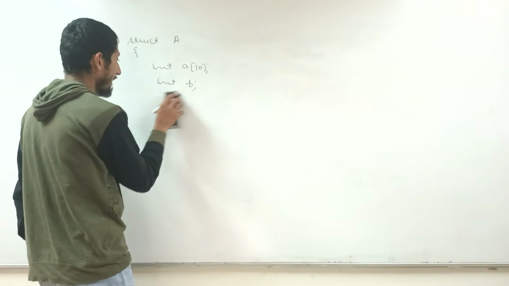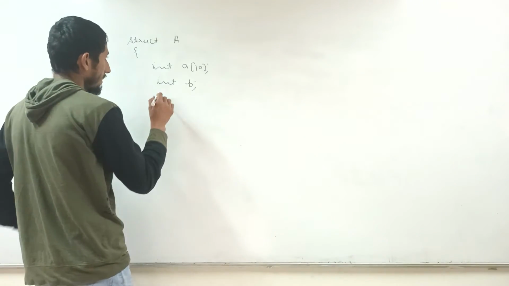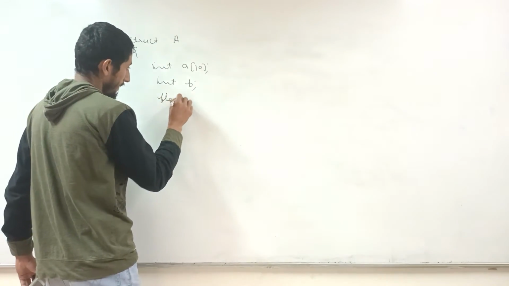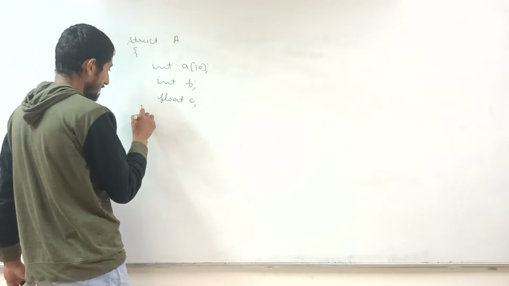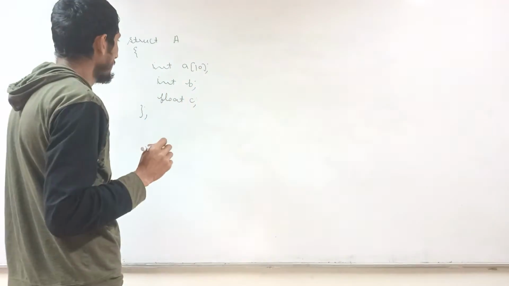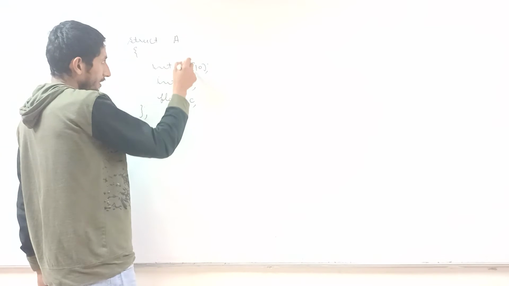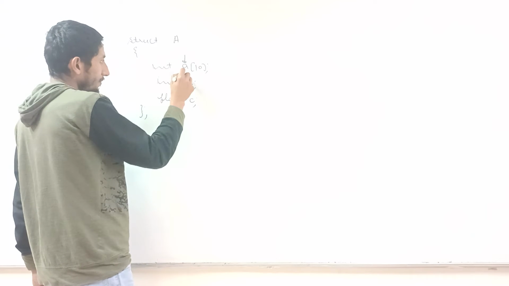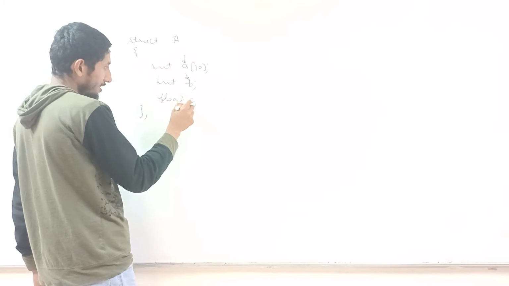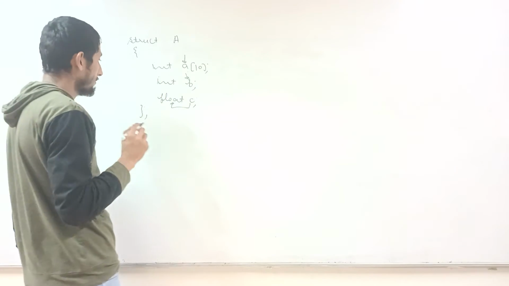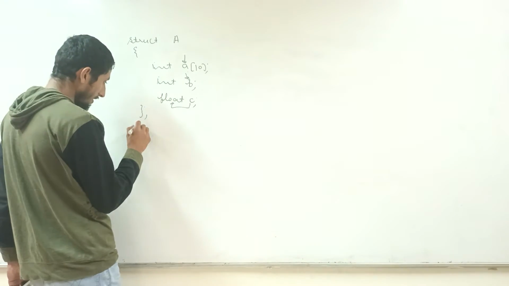Let me write float also. Float c. So this is the structure having value a. a is of type array, b of type int, and c of type float. So what I'm going to do, I will design main.